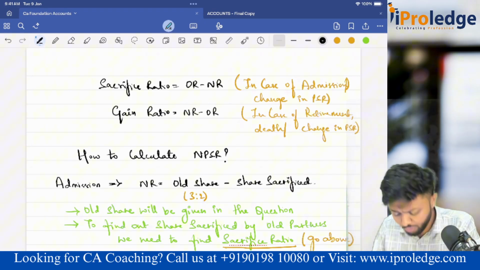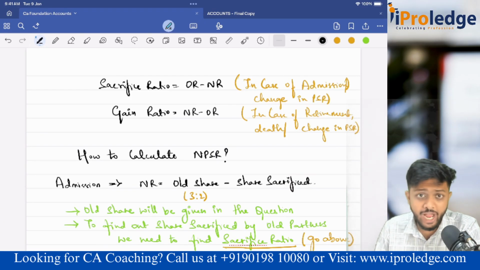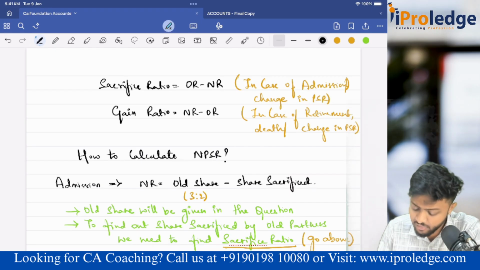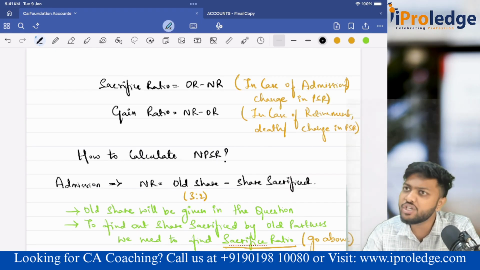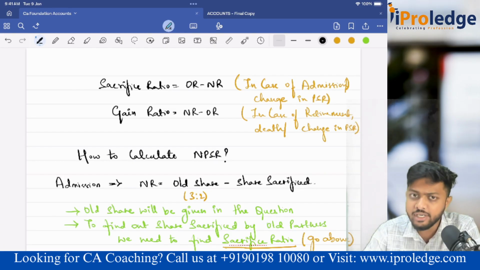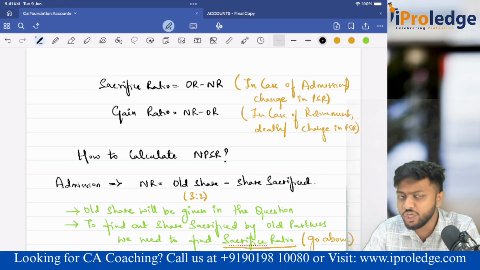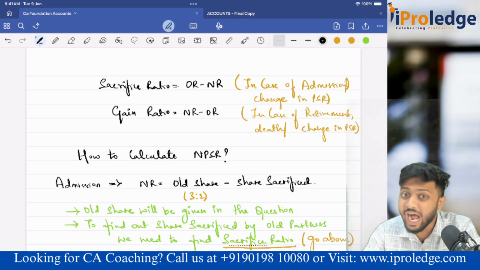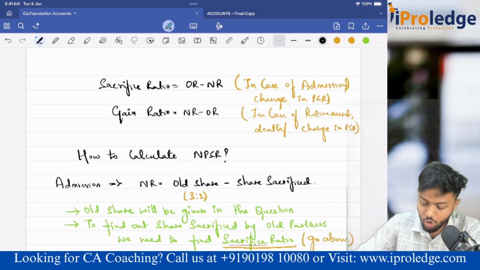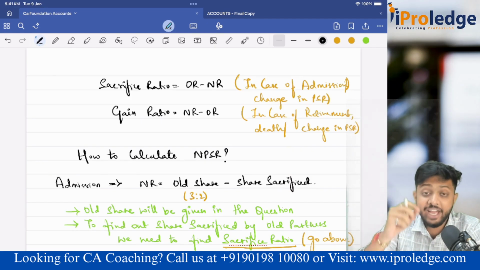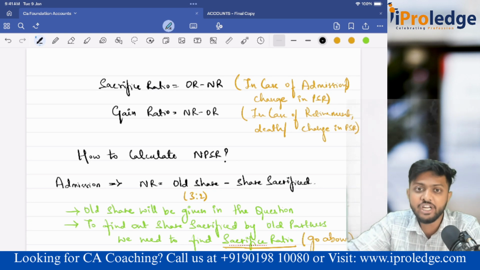Clear? So how to calculate sacrifice ratio? Sacrifice ratio is very simple. It is old ratio, that is ratio before admission, minus new ratio, that means ratio after admission. So what are we exactly finding in sacrifice ratio? How much each partner has sacrificed for the new partner's share.